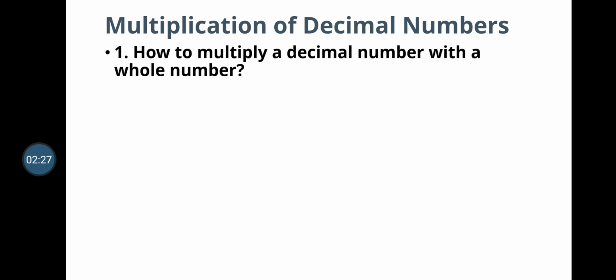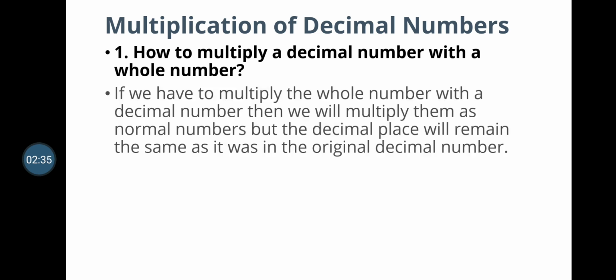Next, multiplication of decimal numbers. How to multiply a decimal number with a whole number. If we have to multiply the whole number with a decimal number, then we will multiply them as normal numbers, but the decimal place will remain the same as it was in the original decimal number.